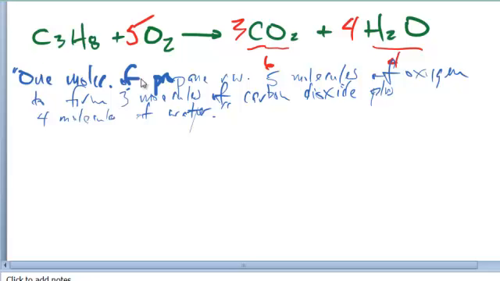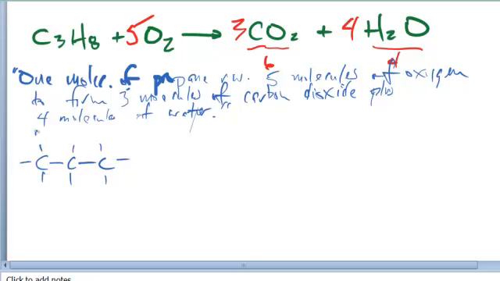Now number 3. We need to draw the structural formulas for each of these compounds and draw the correct number as indicated by the coefficients. So hopefully you found the structural formula for propane in your notes.